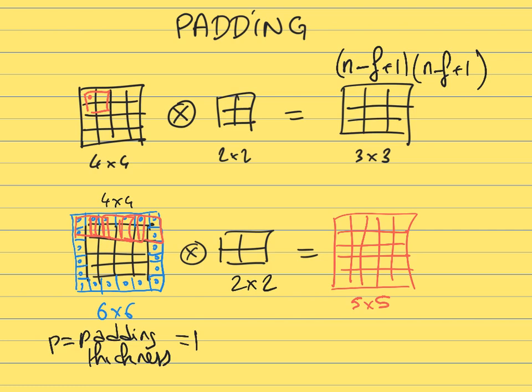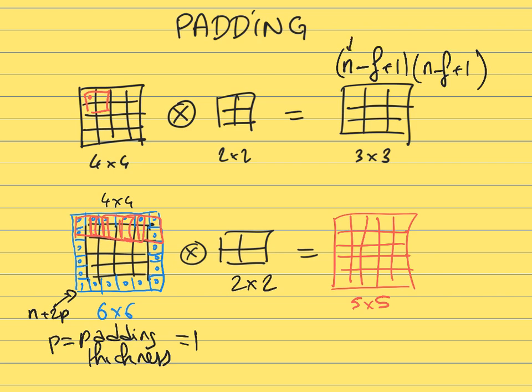So the new size of the grid will be equal to n, the size of the starting image, plus 2 times the padding, because we add padding on the left, on the right, on the top, and at the bottom. So the new size of the image becomes n plus 2p.